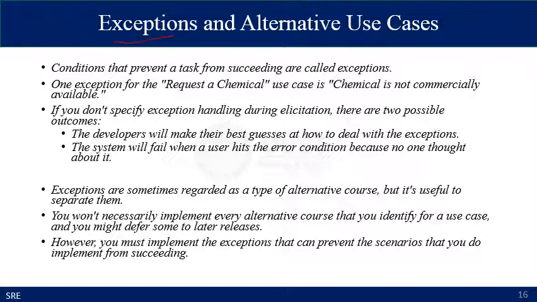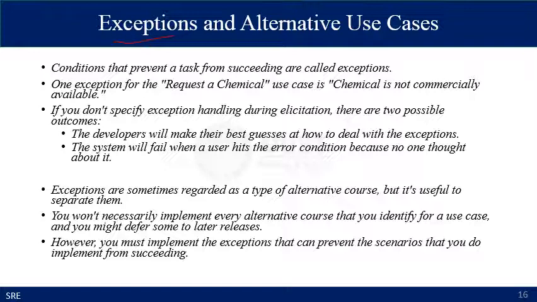If you do not specify the exception handling during the elicitation, there are two possible outcomes. First, the developers will make their best guesses at how to deal with these exceptions. Secondly, there is no exception handling and the system will fail when a user hits the error condition because no one thought about the exceptional case.